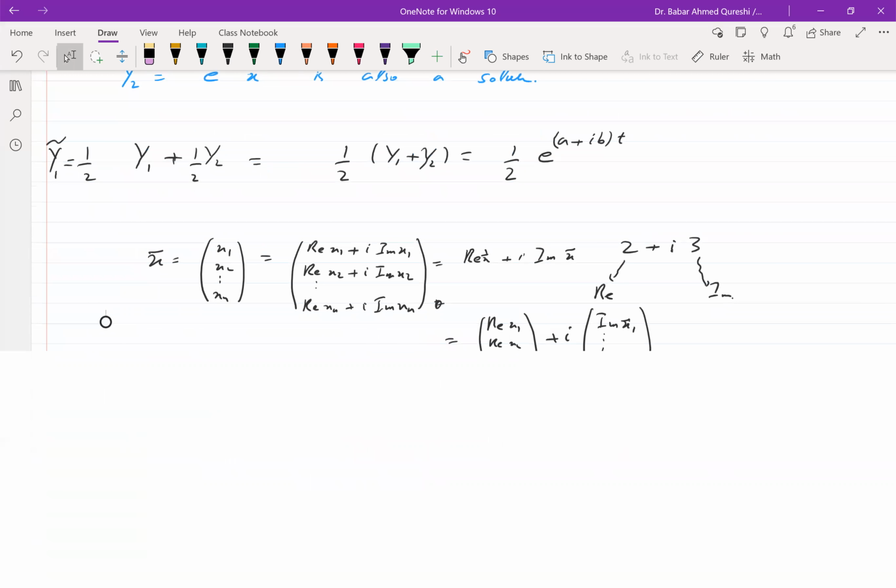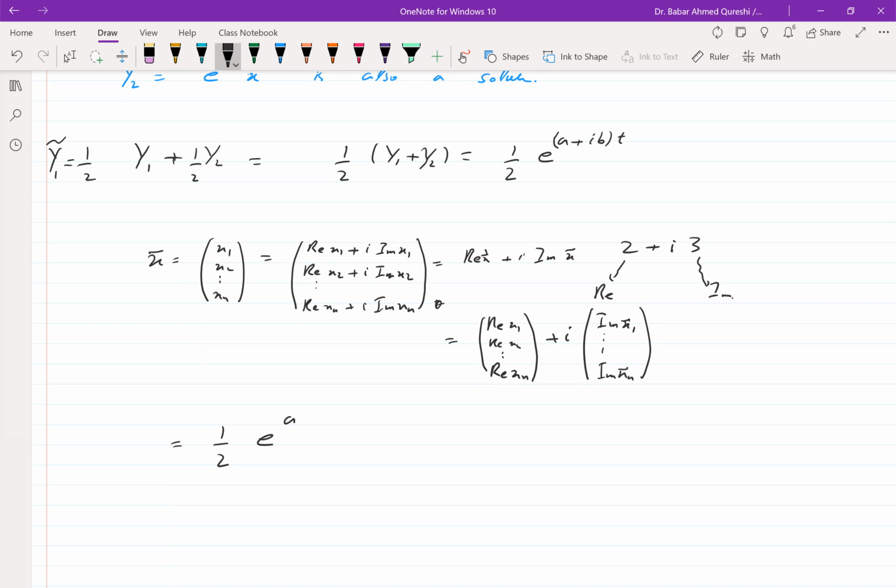So if I do this, then this becomes half e to the a plus iota b of t times the real part of x1 plus iota imaginary part of x1.